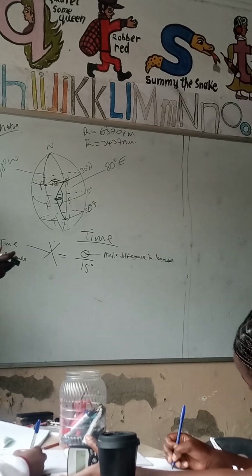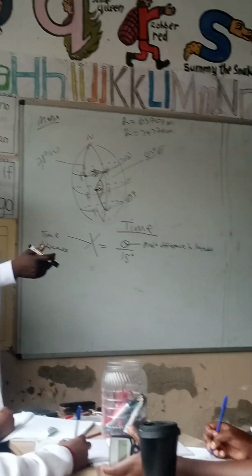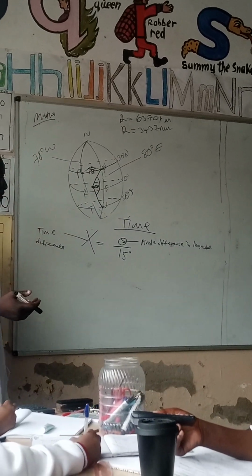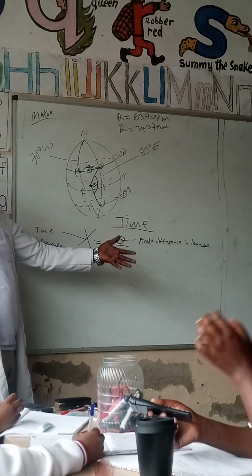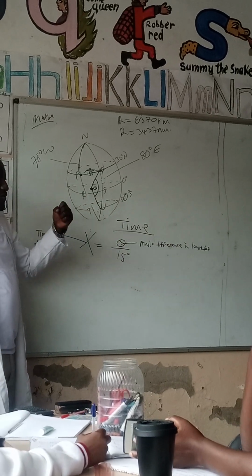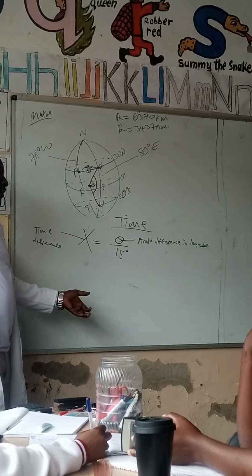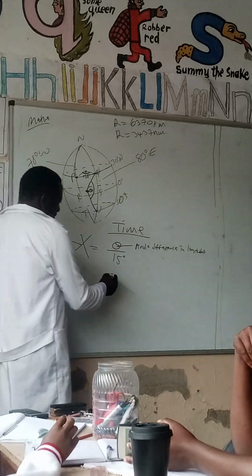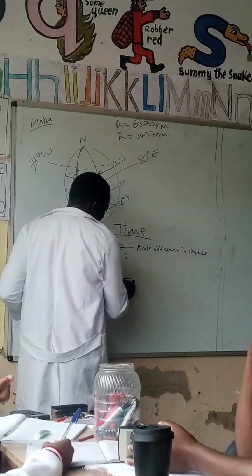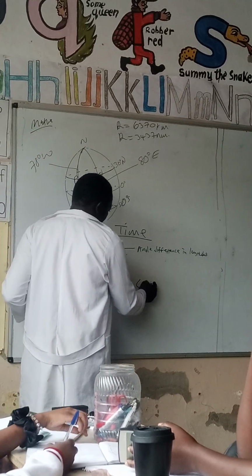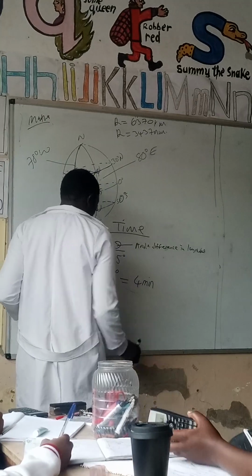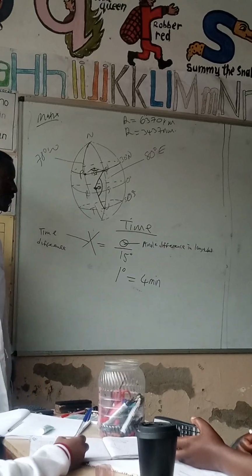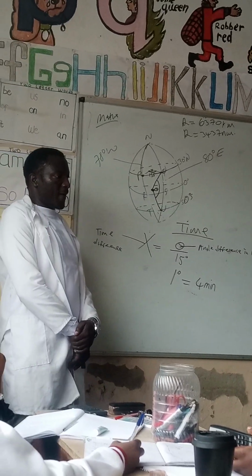As we go on, we shall also find out what happens when you divide and it gives you decimals or a fraction. But just write somewhere: 1 degree is equal to 4 minutes. That helps.